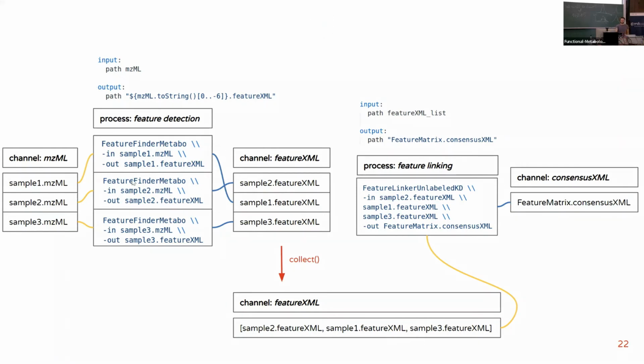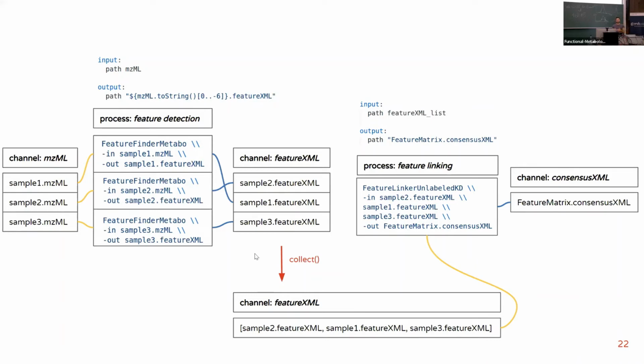And as you can see here, these 3 tasks that are executed have the real sample names in them, because the core function call gets automatically generated. And then in an asynchronous way, they are all finished at some point and the featureXML channel is populated.